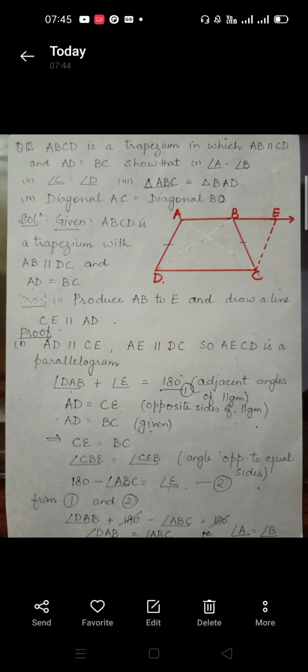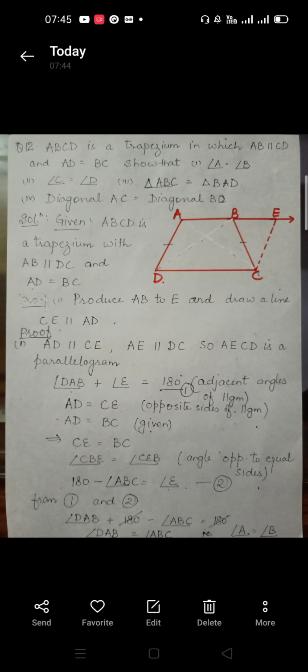So produce AB to E and draw a line CE parallel to AD. If we draw CE parallel to AD, then AECD is a parallelogram. Now in a parallelogram, adjacent angles are supplementary, that is angle DAB plus angle E is equal to 180 degrees. Adjacent angles of a parallelogram are supplementary.